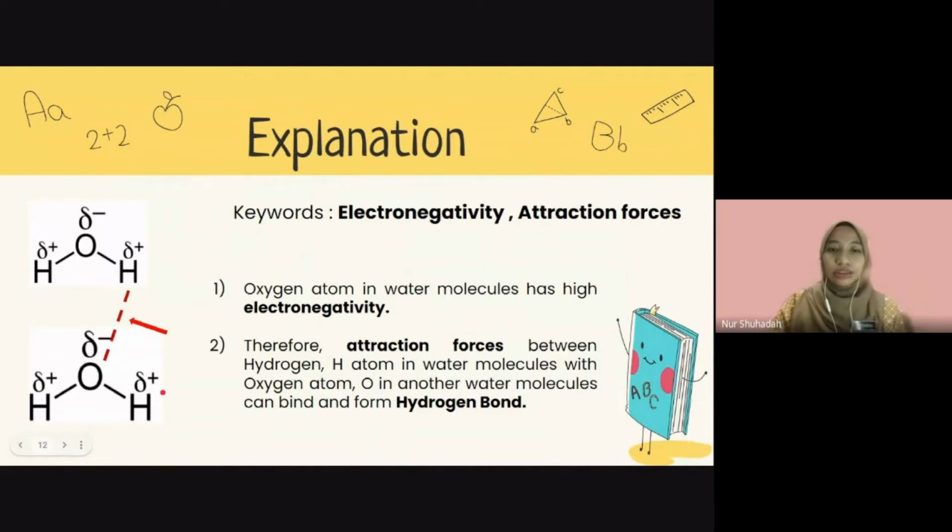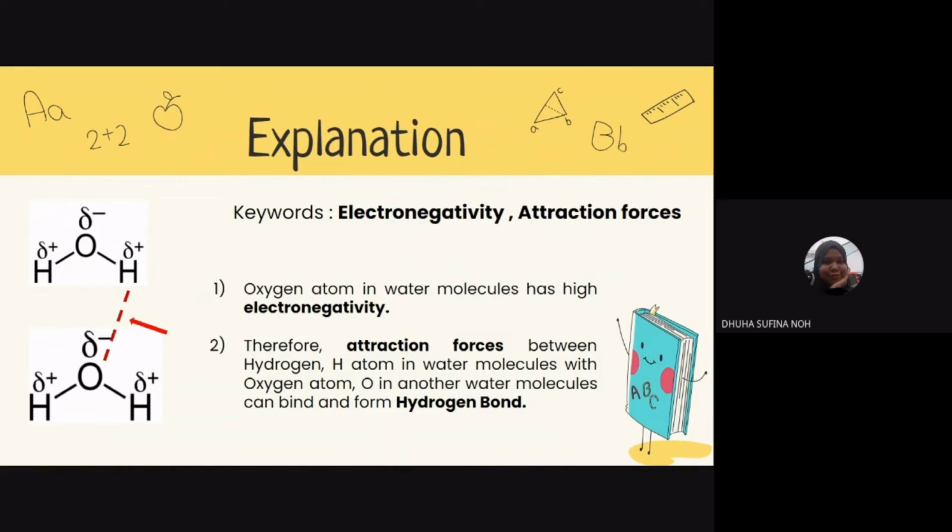Therefore, the attraction force between the hydrogen atom in a water molecule and the oxygen atom in another water molecule can bind and form hydrogen bond. Is this explanation clear, or do you want me to explain again? No, I get it.